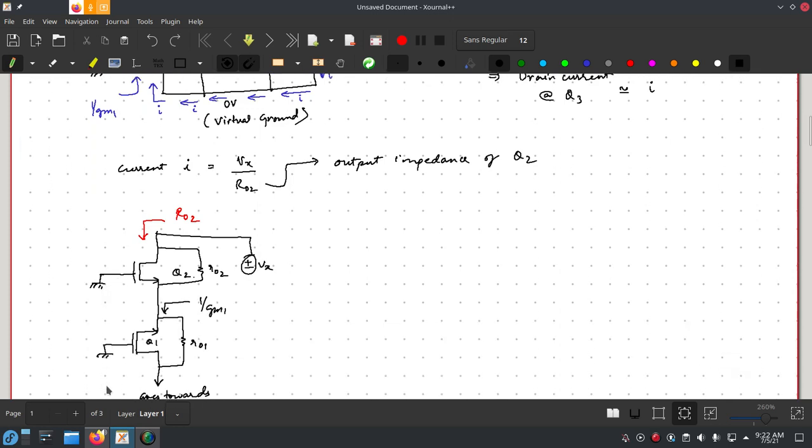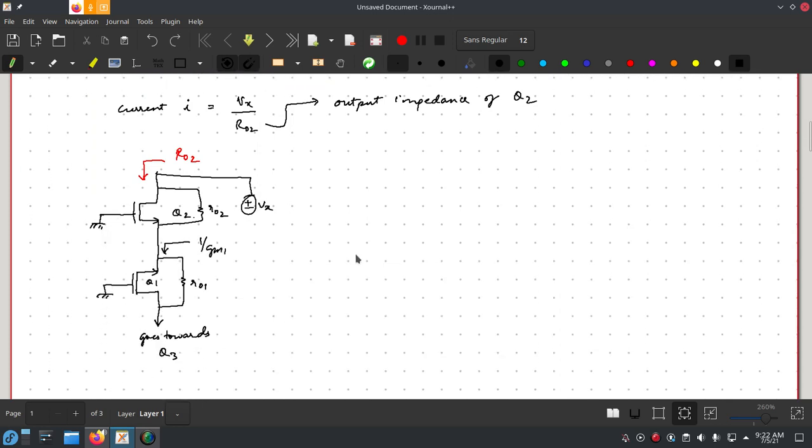So I can write R02 as a cascaded version of R01 parallel 1 by GM.